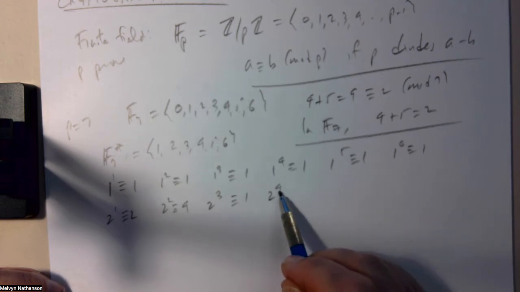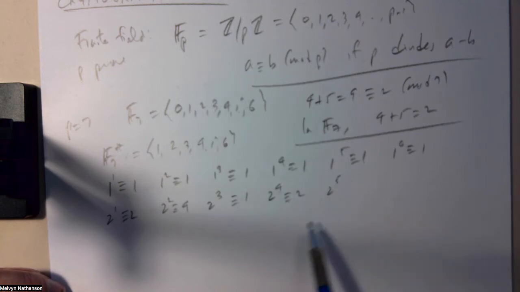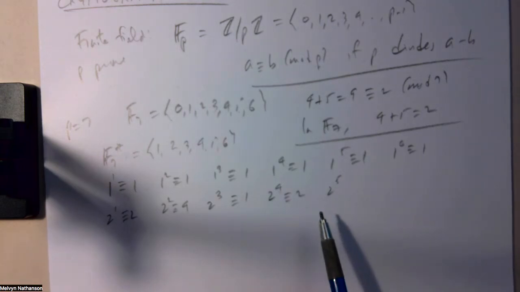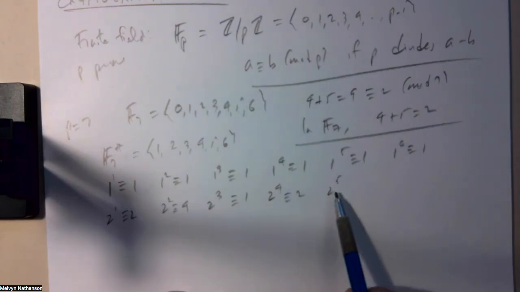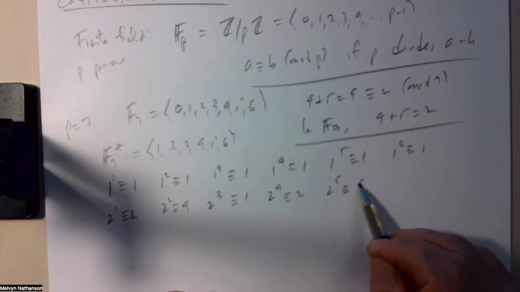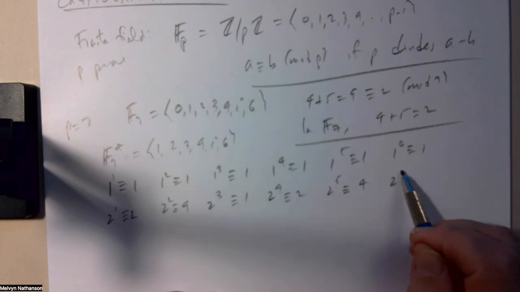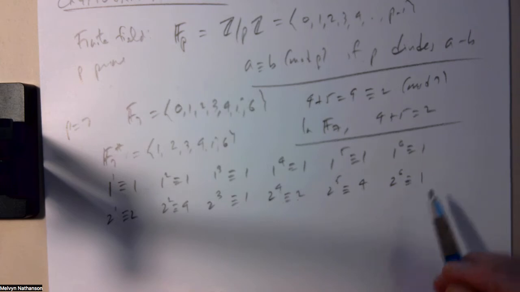It's also 2 cubed times 2, and 2 cubed is 1, so this is 2 mod 7. Actually, every time you take a power, you can just multiply the previous number by 2. So 2 to the fifth is 2 times 2 to the fourth, which is 2 times 2, which is 4. And 2 to the sixth is 2 times 4, which is 8, which is the same as 1.